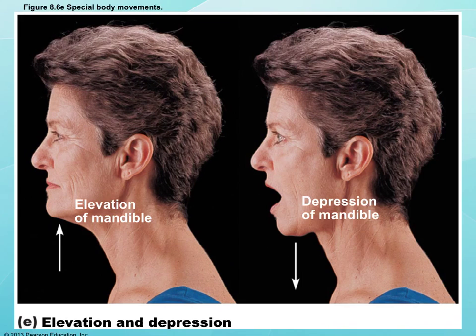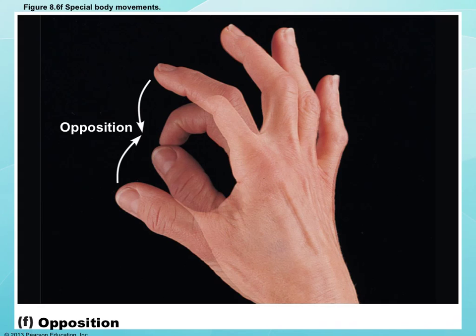And the elevation depression is for move things up or down. The last movement is an opposition, which always involves our thumb to move towards any other fingers. I think since these fingers move in opposite direction, that's why it's called an opposition.